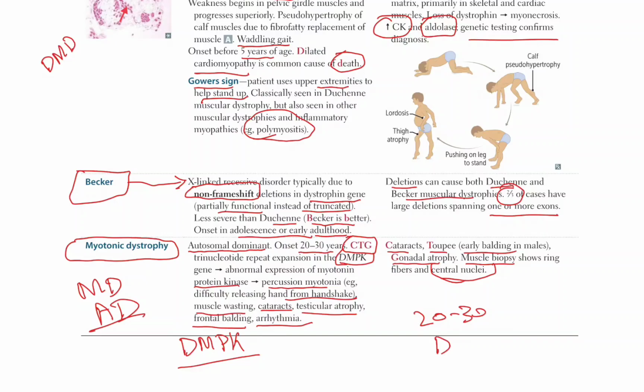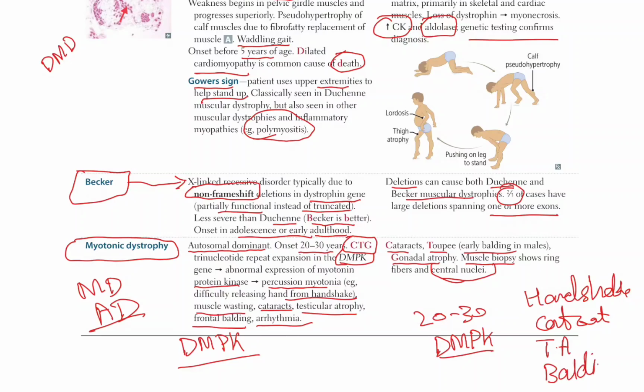It is a CTG trinucleotide repeat expansion in the DMPK gene, and it presents with muscle wasting and difficulty releasing a handshake, muscle wasting, cataracts, testicular atrophy, balding, and arrhythmia.